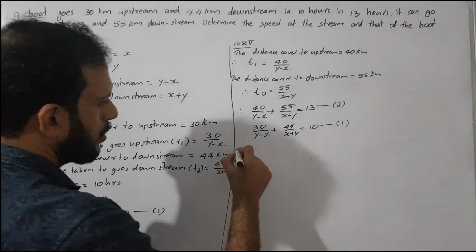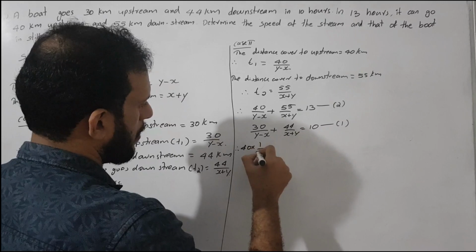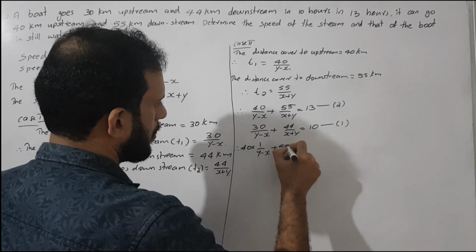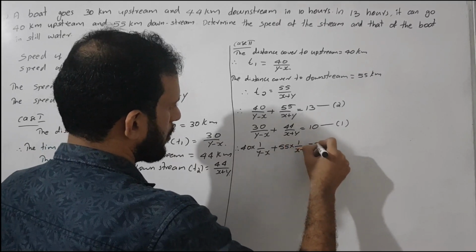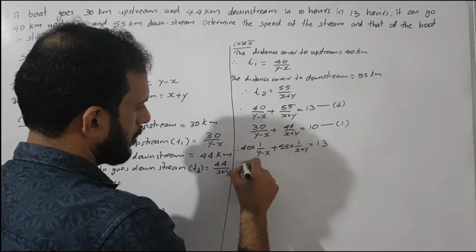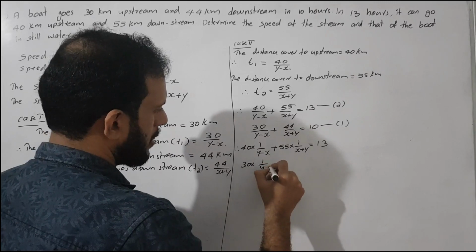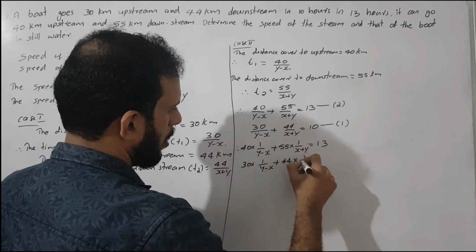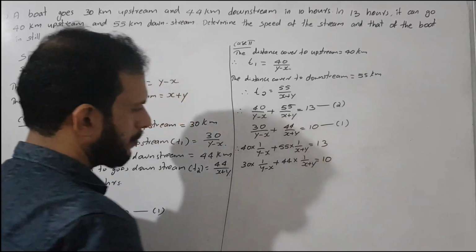Therefore, 40 into 1 by y minus x plus 55 into 1 by x plus y is equal to 13, correct? Then 30 into 1 by y minus x plus 44 into 1 by x plus y is equal to 10.